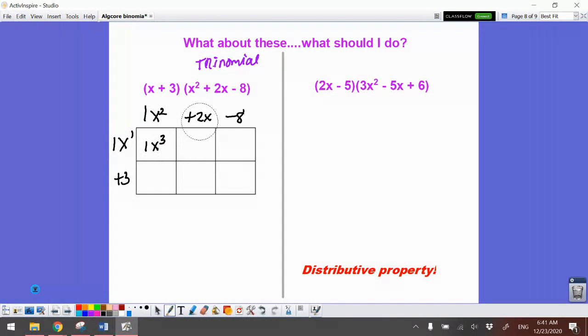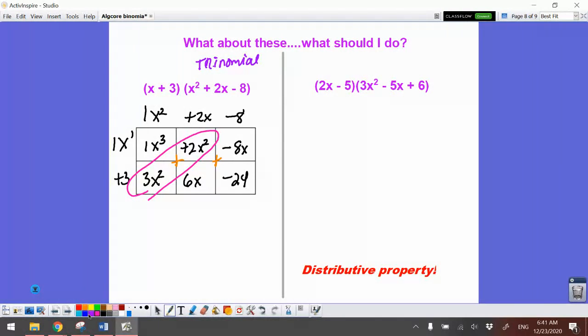So 1x times 2x is a positive 2x squared, and 1 times a negative 8 is a negative 8x. Okay, second row. 3 times 1 is 3, and an x squared. 3 times 2 is 6, and that's a 6x, and 3 times negative 8 is a negative 24. So what I want you to see on this one is that there's actually 2 sets of like terms.